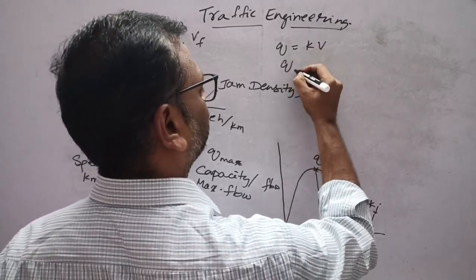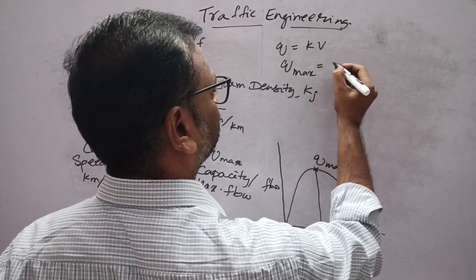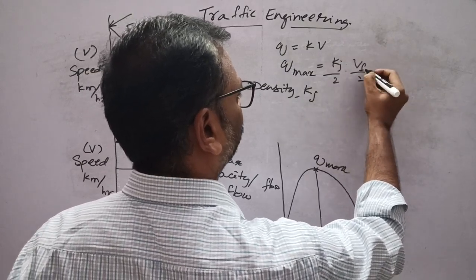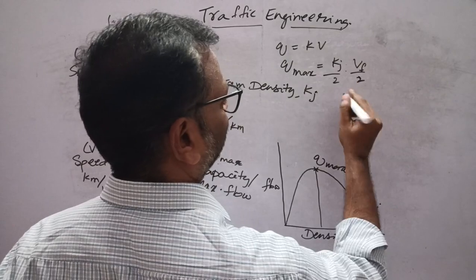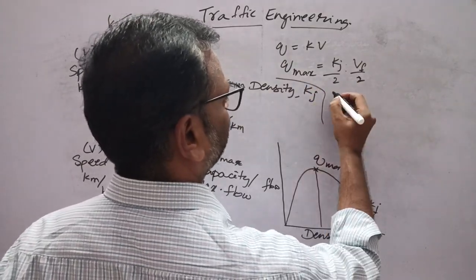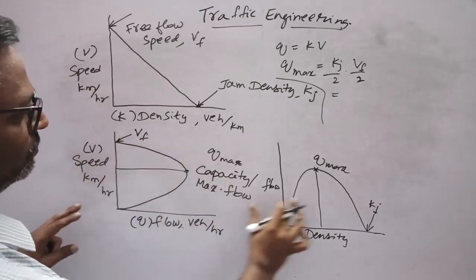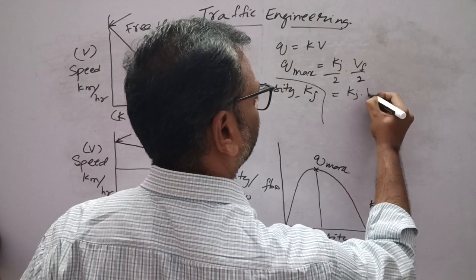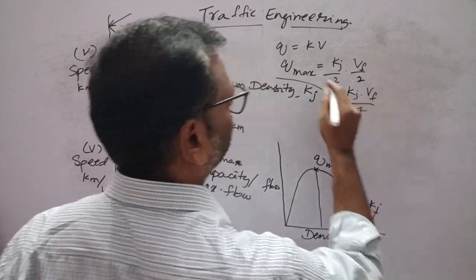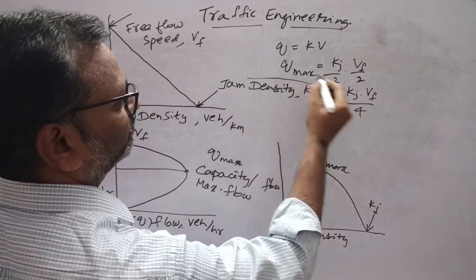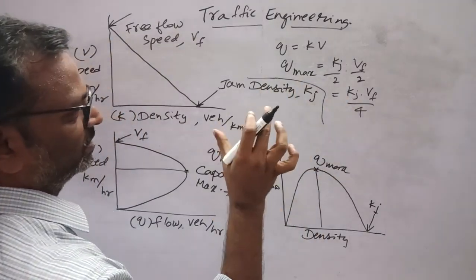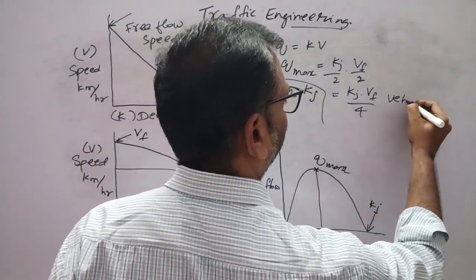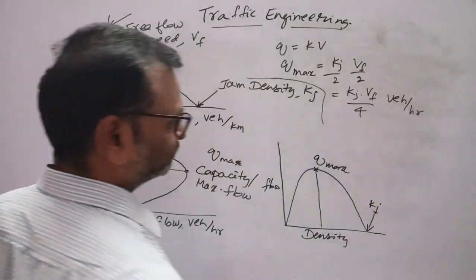Now if you want to get Q max, so Kj by 2 into Vf by 2, this can also be derived, but we don't want the derivation. That's why I have explained you in a simple way. Kj into Vf by 4 is the maximum flow or capacity of that particular road, that is in vehicle per hour.